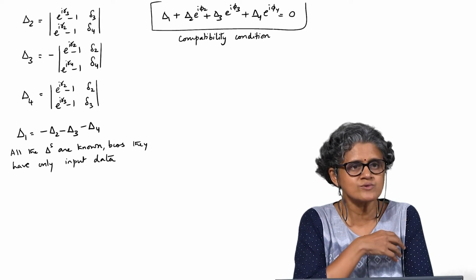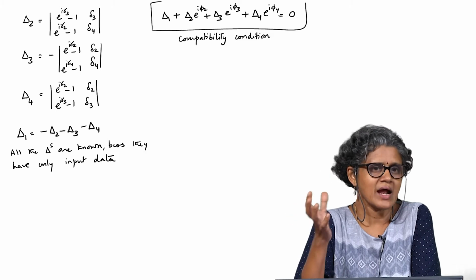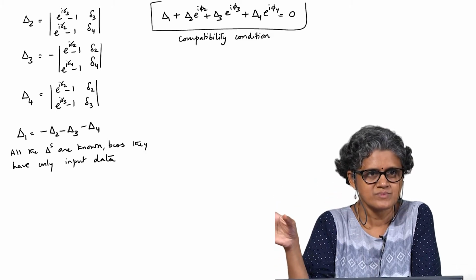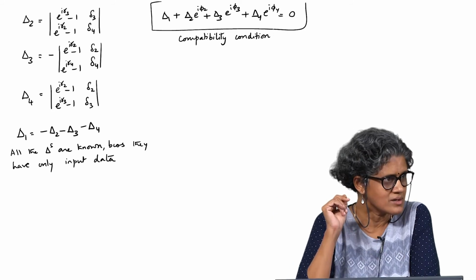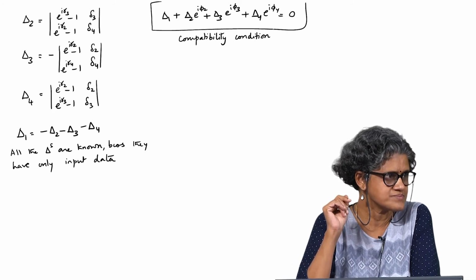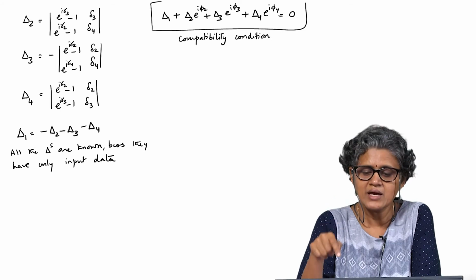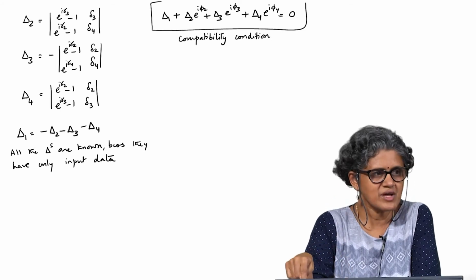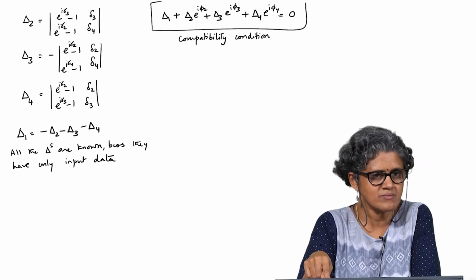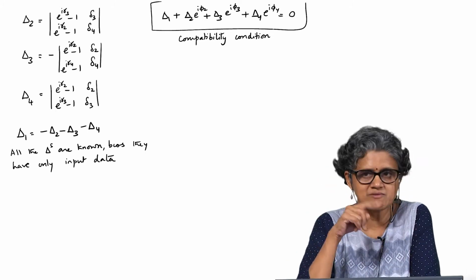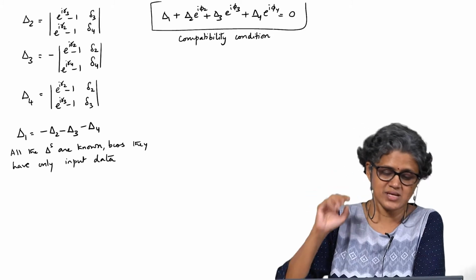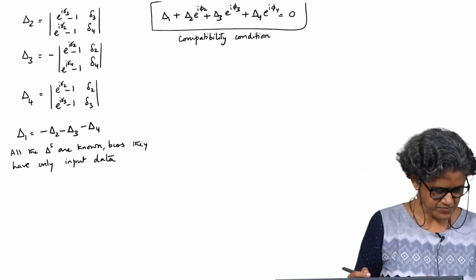So, I cannot use any random group of phi 2, phi 3, phi 4 for my solutions. A particular phi 2, phi 3 and phi 4 should satisfy this condition in order for me to have a solution for Z1 and Z2. That is what this essentially tells me.